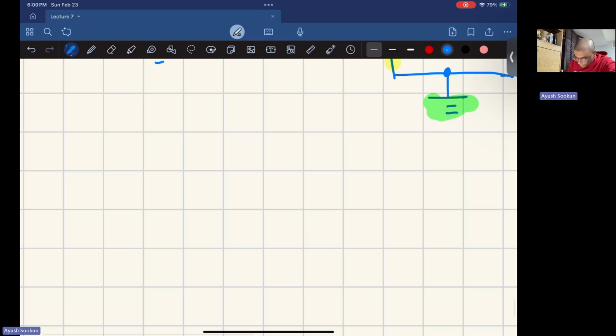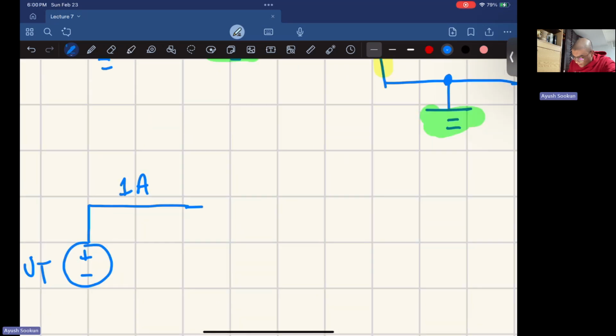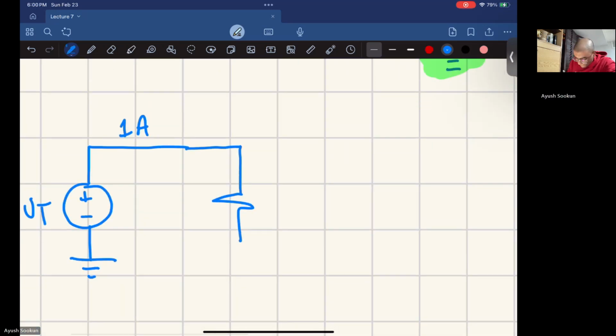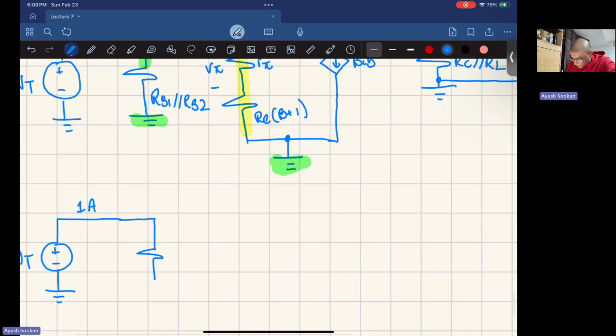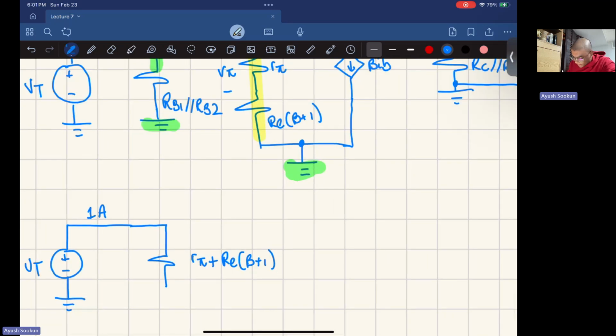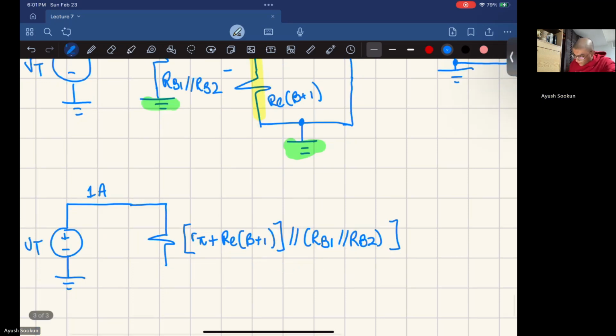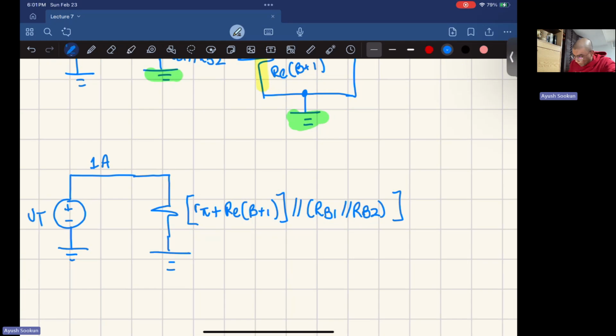We have plus minus VT, 1 ampere into the circuit, and then we have one resistor only, and that resistor would be R pi plus Re times beta plus 1. That's the series combination. And this is in parallel with RB1 parallel with RB2. And then this is connected to ground.